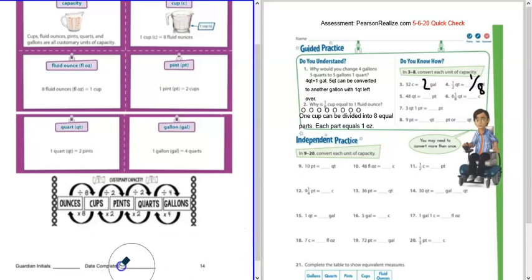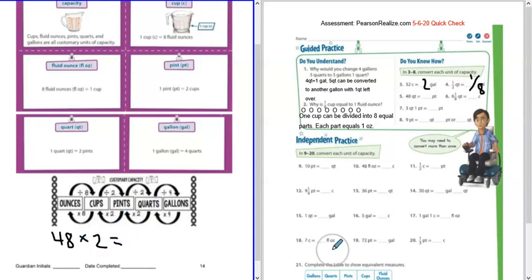So as long as you're using this chart, you should be able to very easily convert these measurements. So starting at 48 quarts, so we have quarts right here, and we're going to pints, so we're going backwards. So we have 48, and we're going from quarts to pints, so we're going to multiply that by 2.